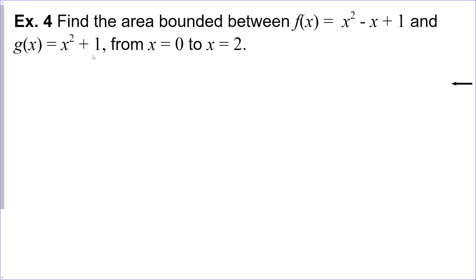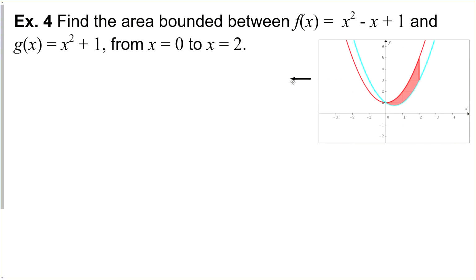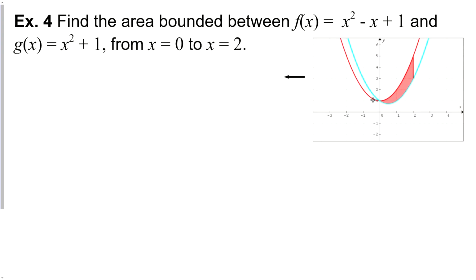Now I just need to know which one is higher than the other. So I can curve sketch or use some test values from 0 to 2. I've got a graph here, and I can see that x squared plus 1 is the higher graph. So that will be the one that I start with, and I'll subtract the other one from it.